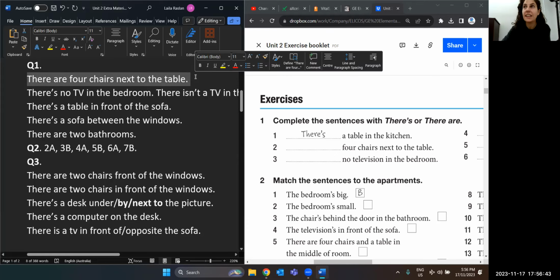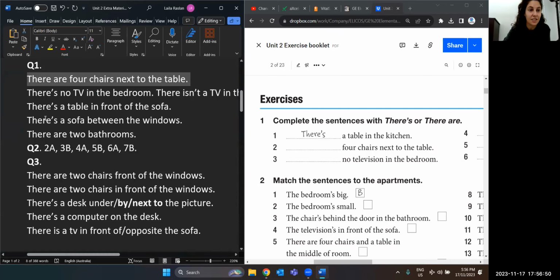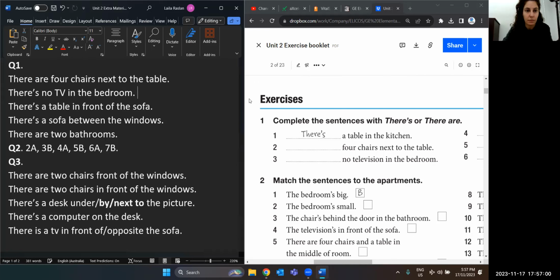Number 3, yeah. There's no television. There's no television in the bedroom. So make sure that sounds like one sound. There's no television in the bedroom. Number 4.